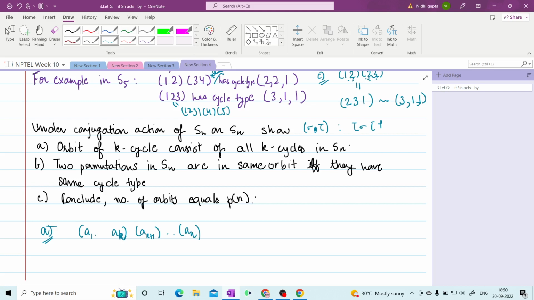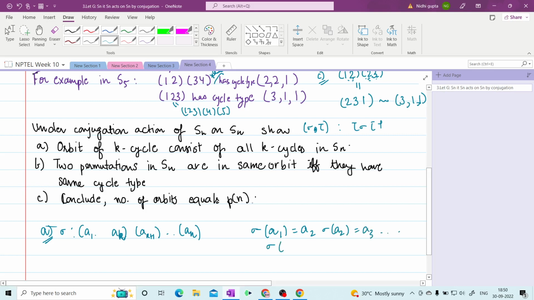So this is σ. If we want to express it as a function, it is basically that σ(a1) = a2, σ(a2) = a3, ..., σ(a_{k-1}) = ak.